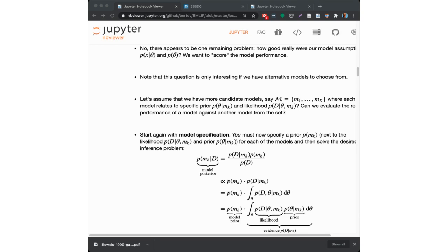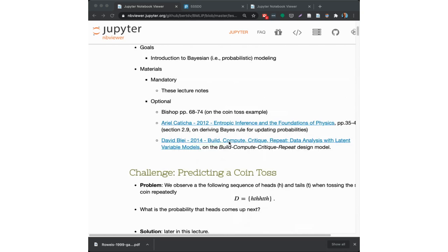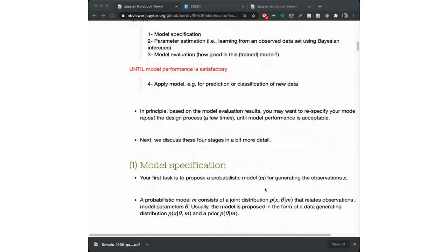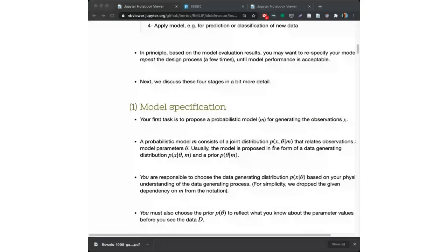When you do Bayesian machine learning, you have to come up with a data generating distribution. And by an outlier, I mean that no matter what you choose for theta, the observation that you make is going to be very unlikely. That's what I call an outlier.